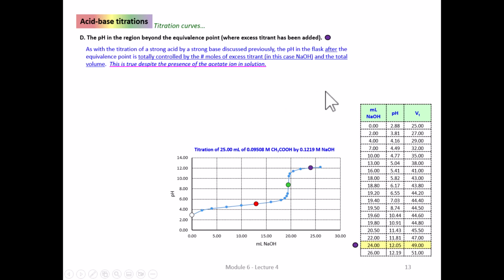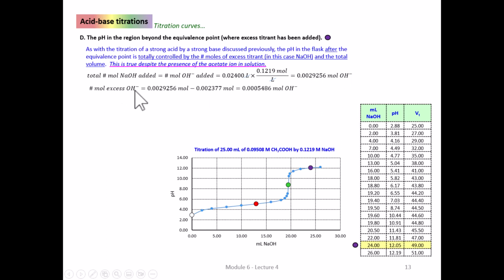And this is true despite the presence of the acetate ion in solution. So the total number of moles of sodium hydroxide added when we've added 24 milliliters would be 0.0029256 moles.